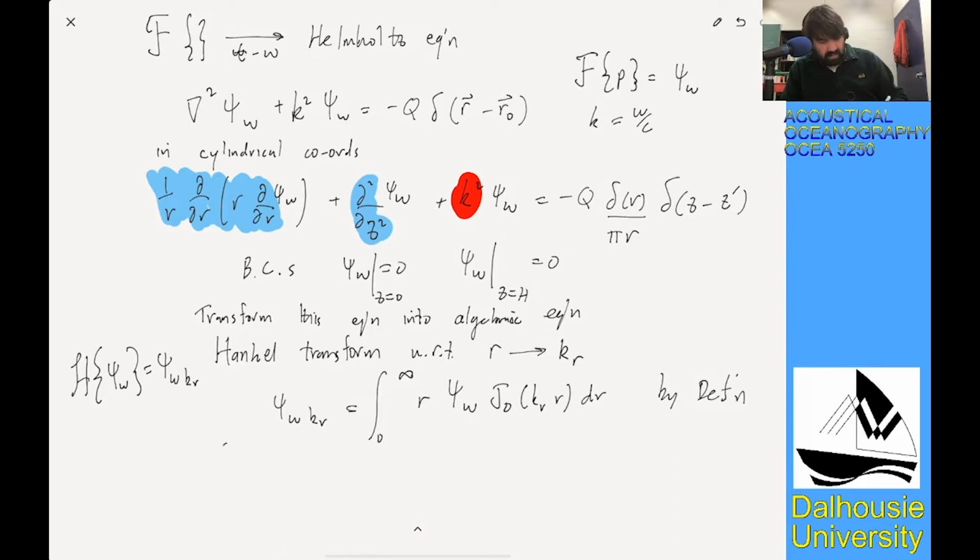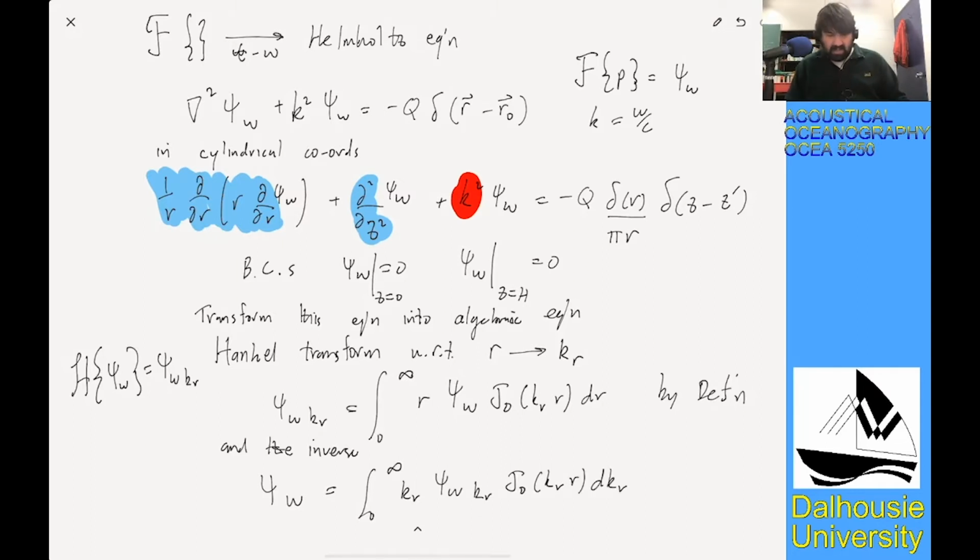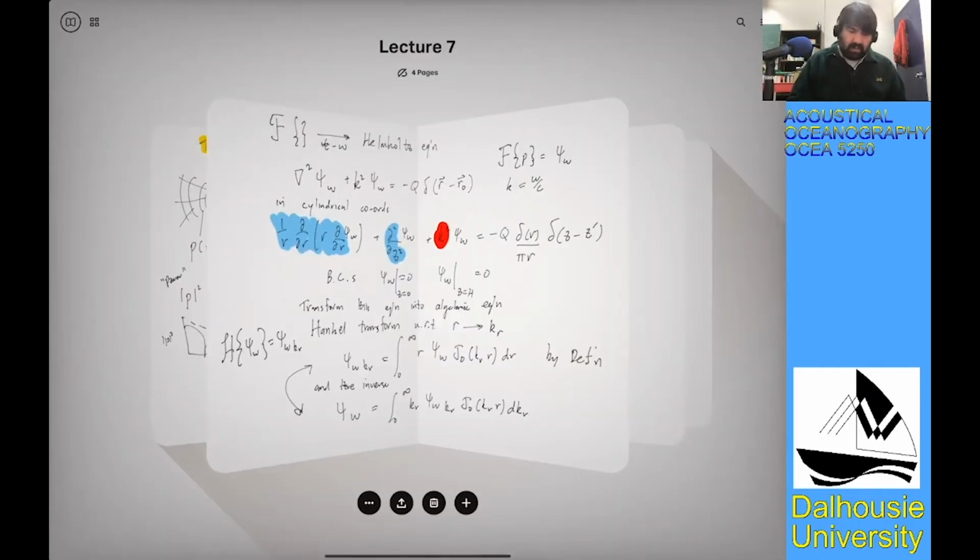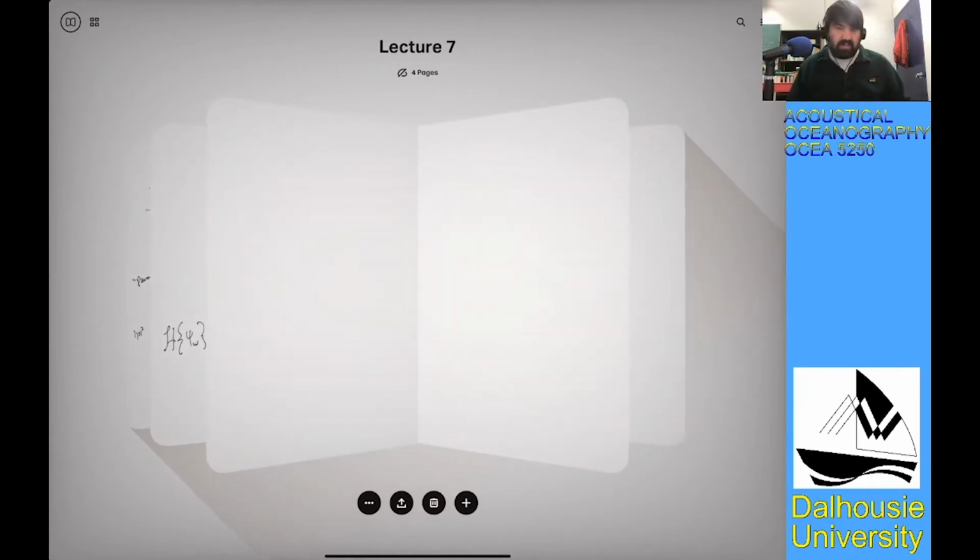Okay. And the inverse, well, to get back to psi omega, the inverse should have some symmetry, and it's very symmetrical in this case, just like the Fourier transform. With the same Bessel function, same argument, we're just changing what we're integrating over. So this is going to allow us to go back and forth. And the nice thing about this, of course, is that it has the exact same effect as the Fourier transform on that second order range derivative. Okay?